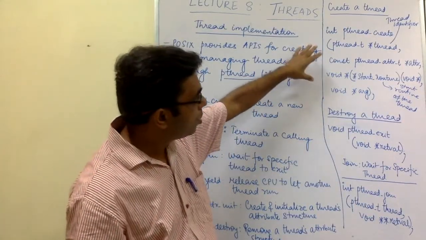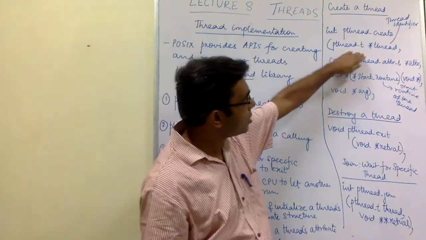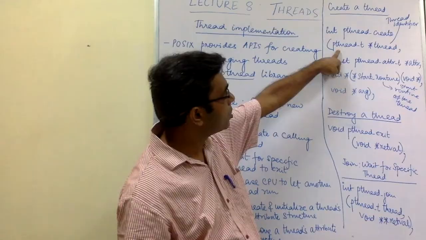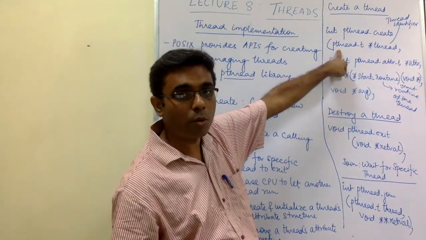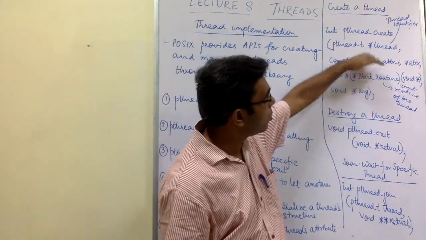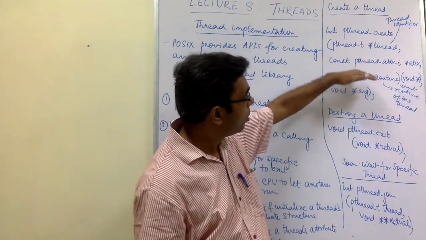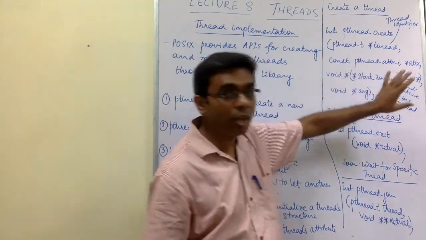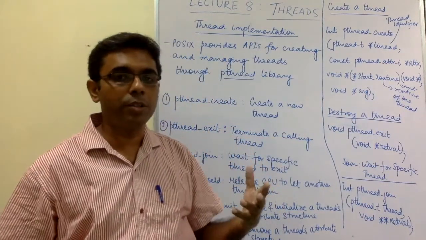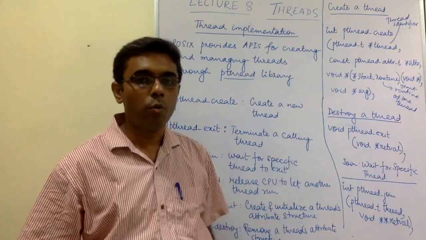It takes 4 arguments. First is the thread identifier, which is of type pthread_t defined in the pthread library. Then we have the attributes for that particular thread, followed by the start routine of the thread, that is, the particular code which would be executed when you want that thread to execute.